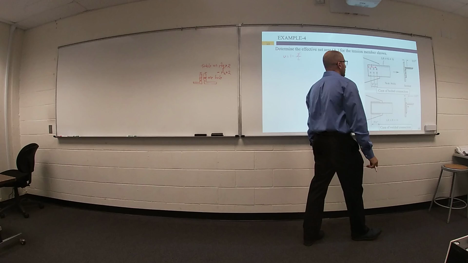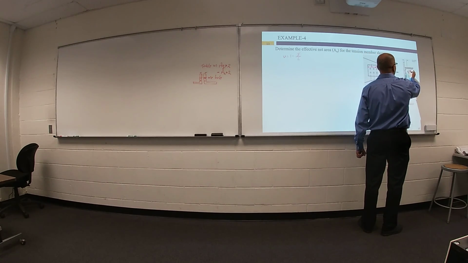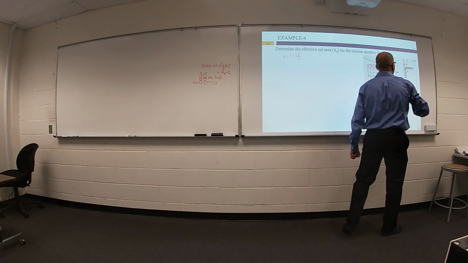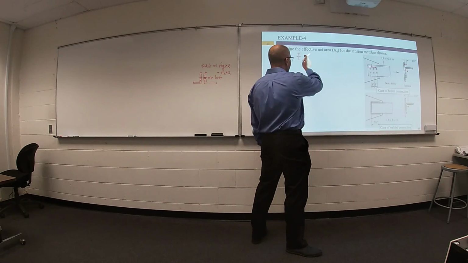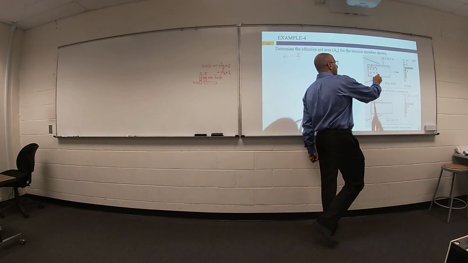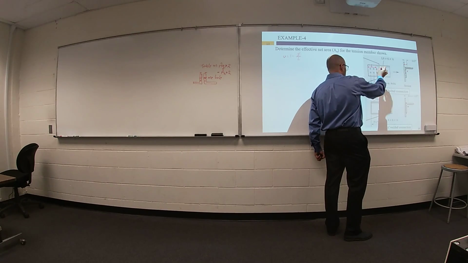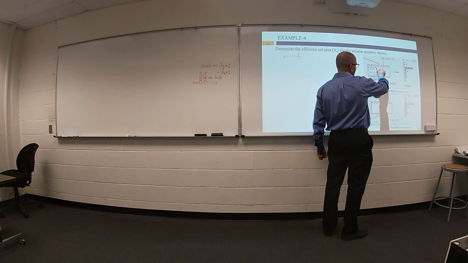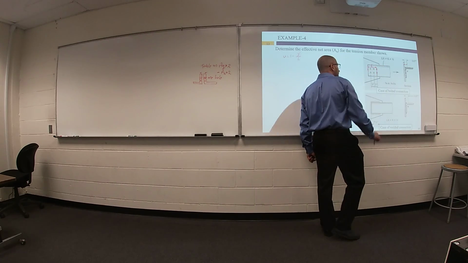From the table. The distance between the center line of the angle or the center line of the channel to the edge. Here is your X bar. Anyway, L is the distance between this center line, the farthest bolt, to the edge of the member.